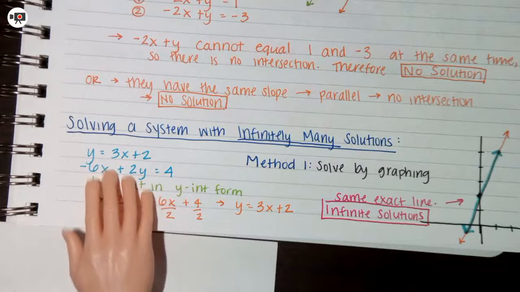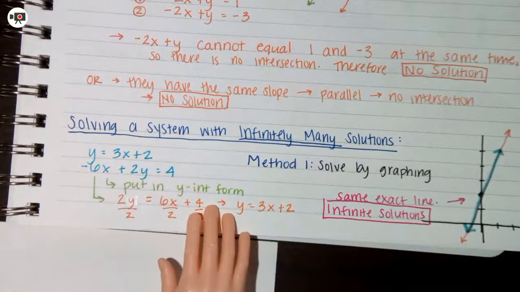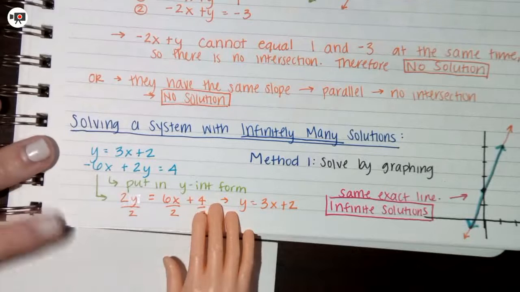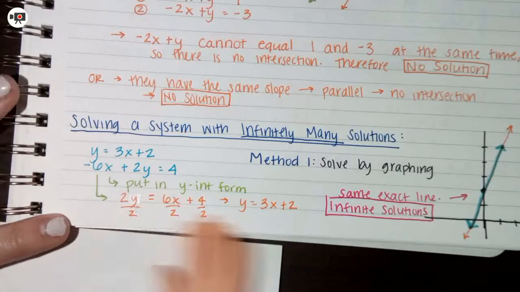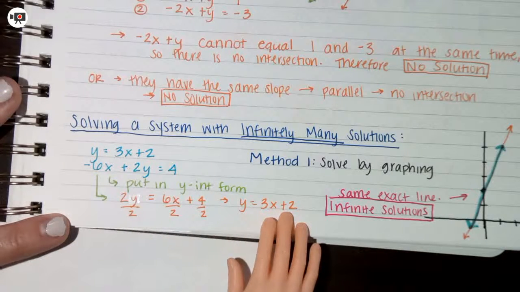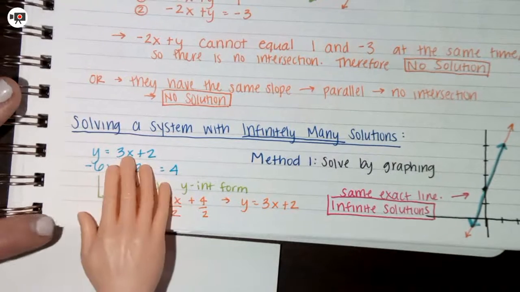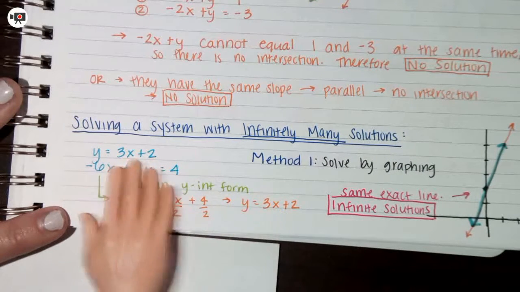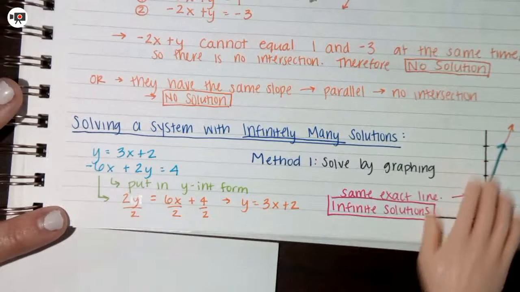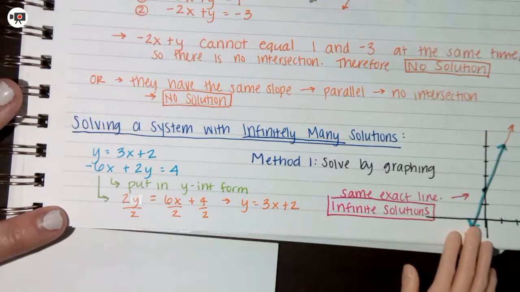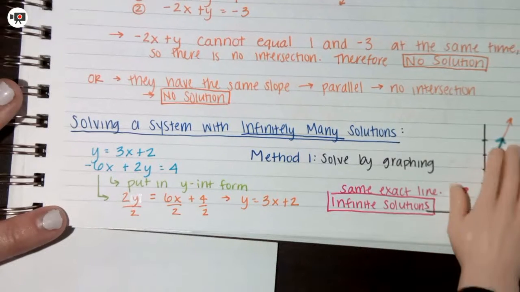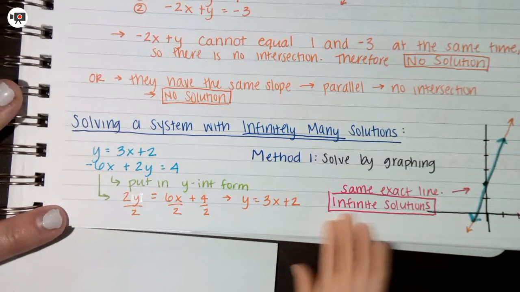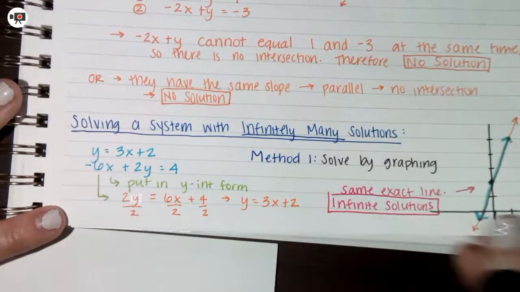To do that, I had to put this second equation into slope-intercept form. That means solve for y, and I get y equals 3x plus 2. That's what my first equation was. So they are exactly the same, on top of each other here. All their points are in common, so it has infinite solutions.